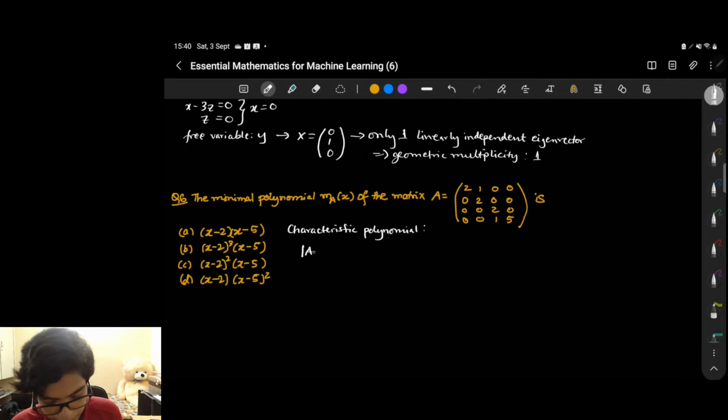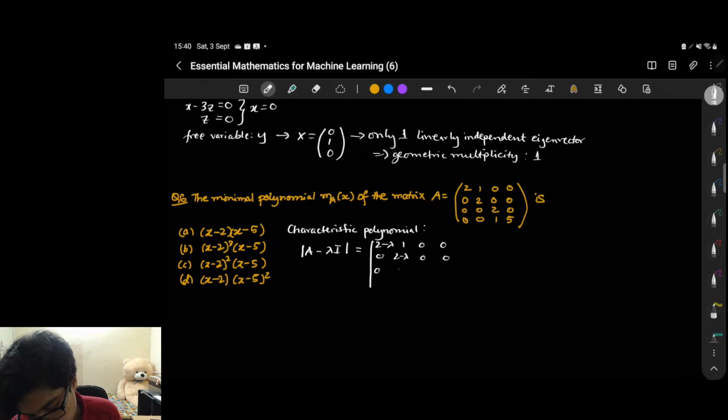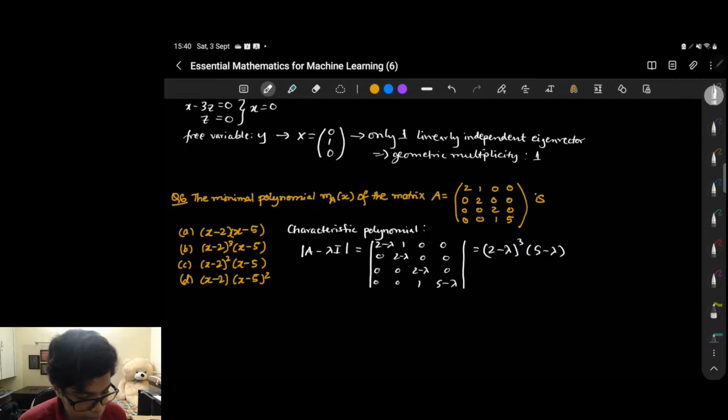This is given by the determinant of A minus lambda I. Again, if we expand the determinant along the first row, we get 2 minus lambda cubed times 5 minus lambda, and setting this to 0 to get the eigenvalues.